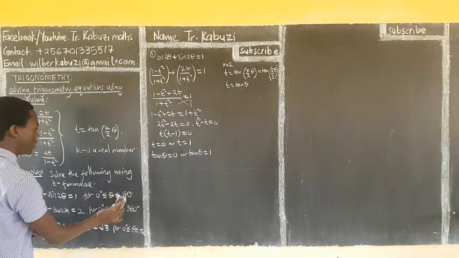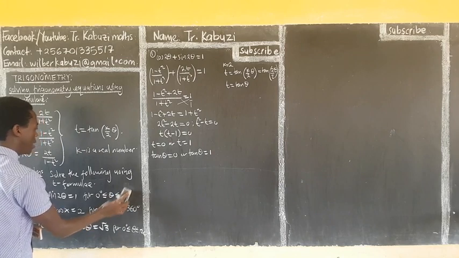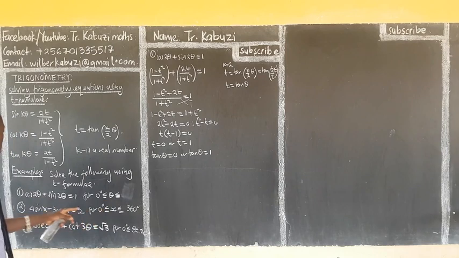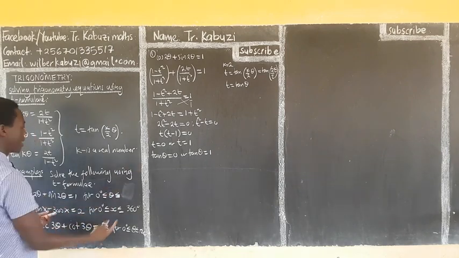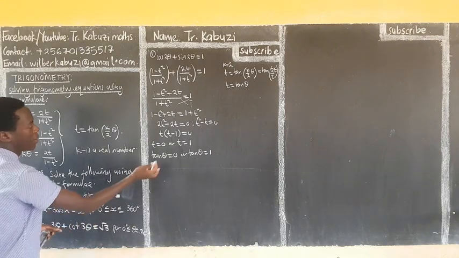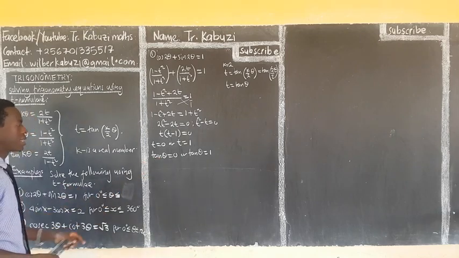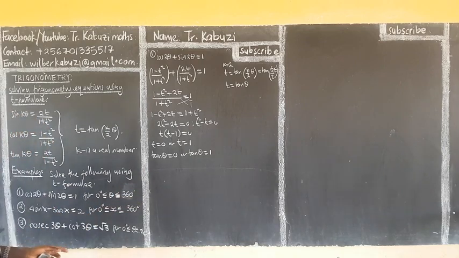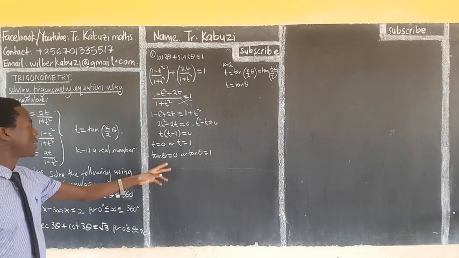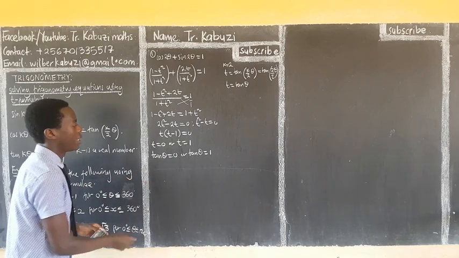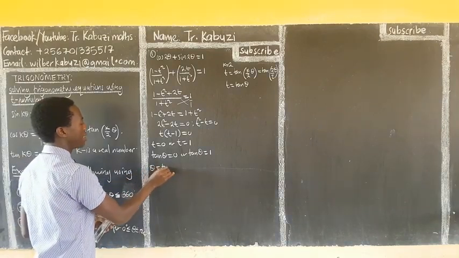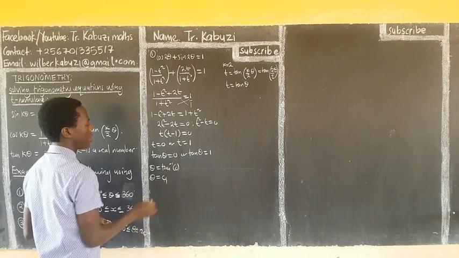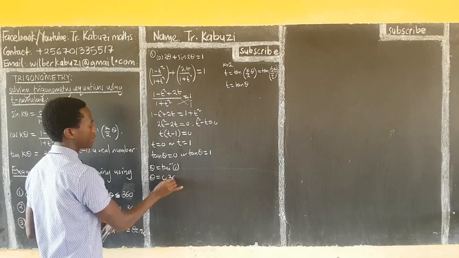Let me change it to 360 degrees. From here, theta will be tan inverse of 0, which is 0. So we shall get 0 or 360.